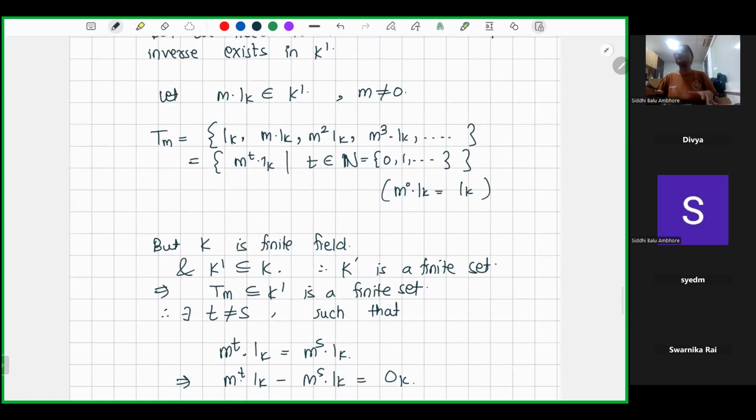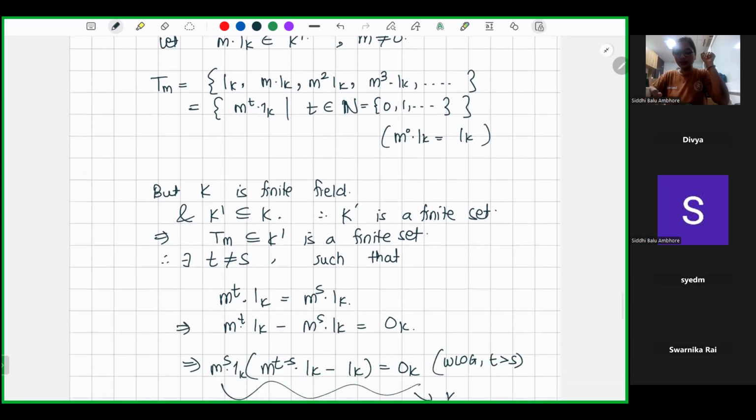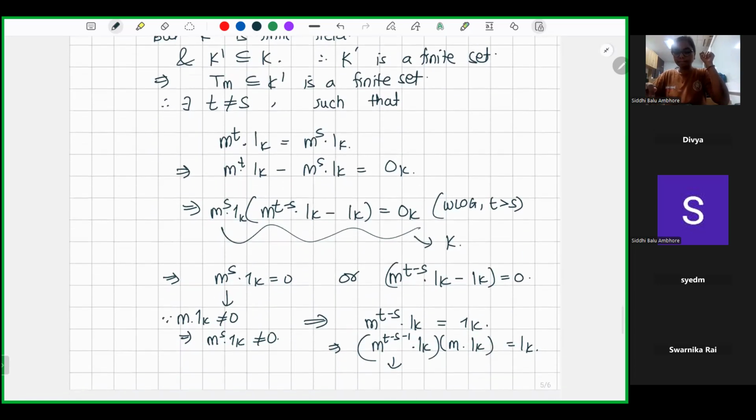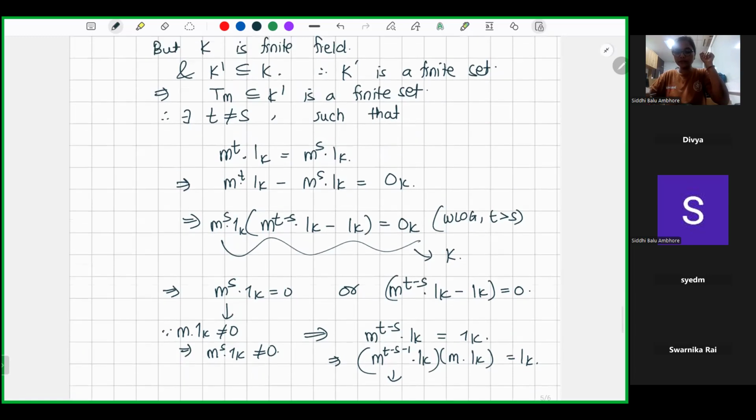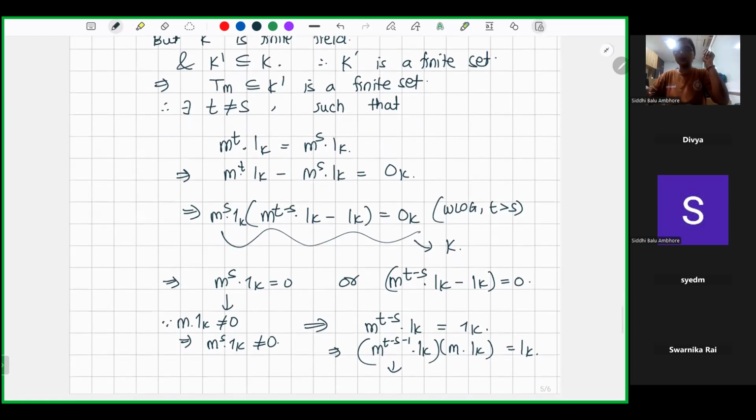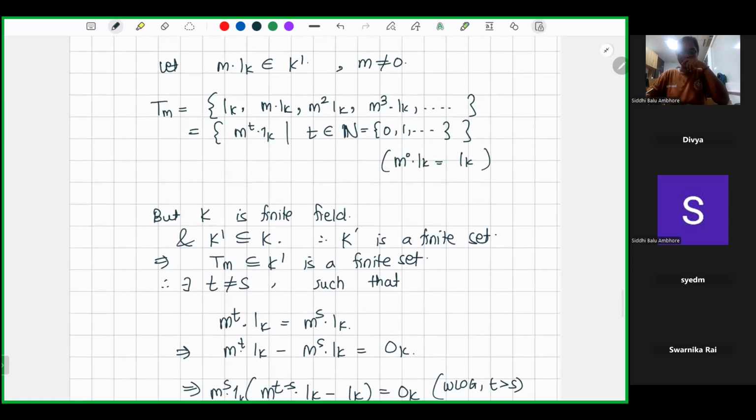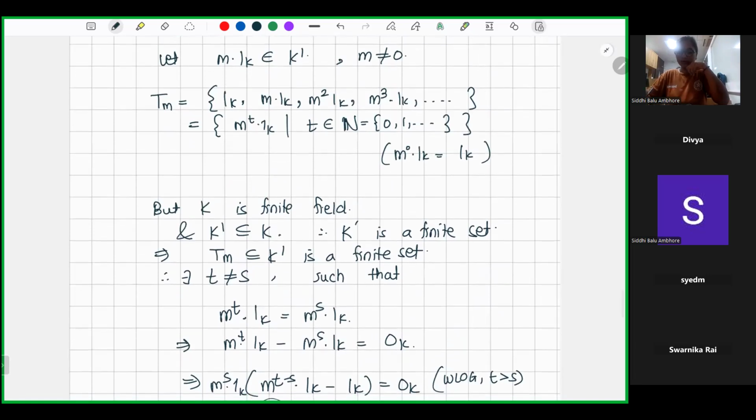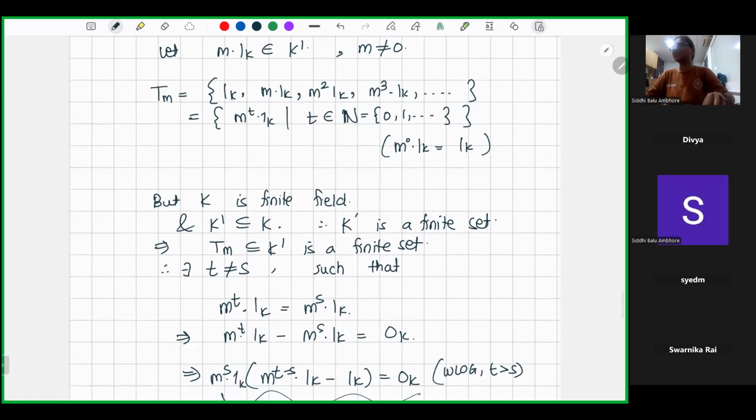We just use the finiteness of K to prove this. Okay, I just assume that you understood. If not, please unmute or ask in the chat. I will try to explain.